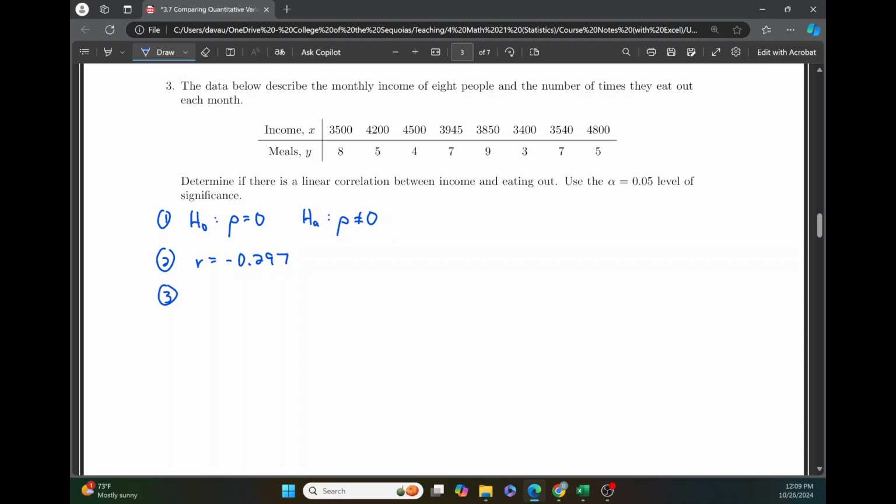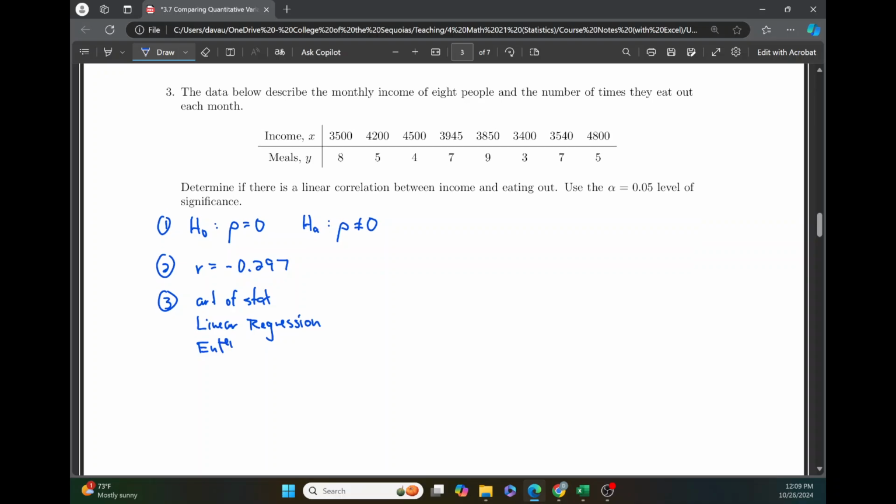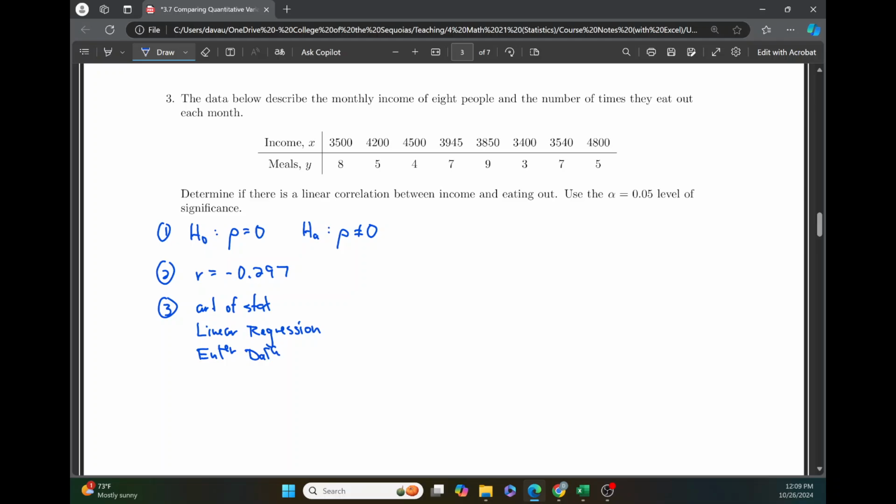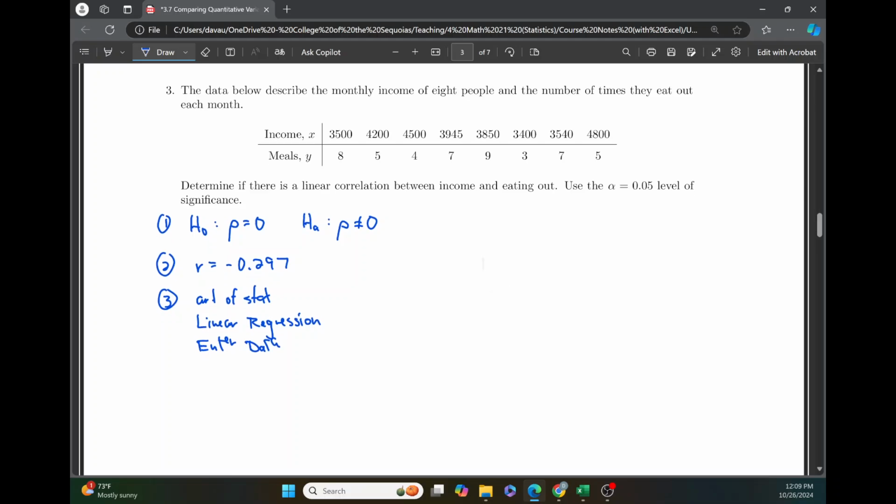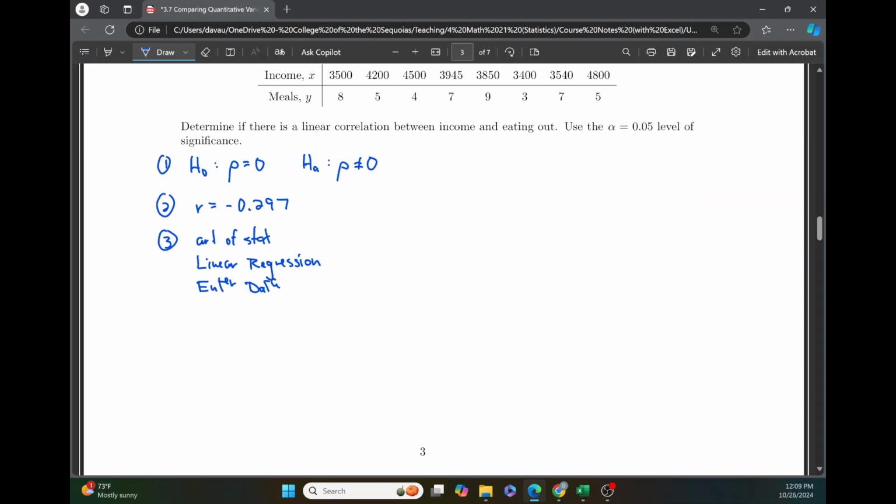So we go to Art of Stat, we go to Linear Regression, we enter the data. My tablet's glitching out a little bit, but we enter the data and then we get a p-value.